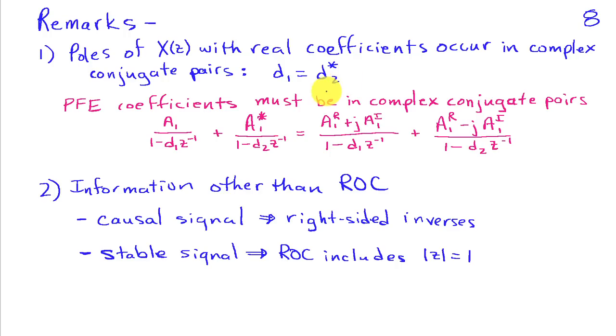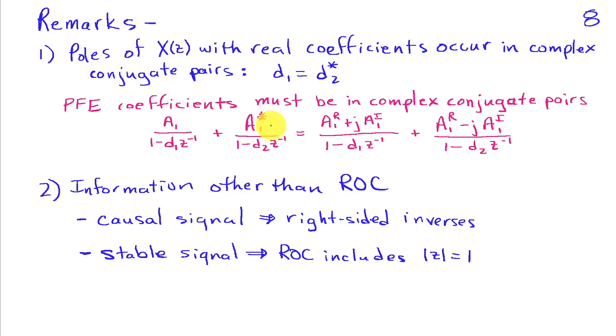In this case, you are also going to have complex coefficients, but they're going to be in complex conjugate pairs as well. So if I have a1 over 1 minus d1 z inverse, then over the term with the pole d2, which is the conjugate of d1, I must have a1 conjugate.